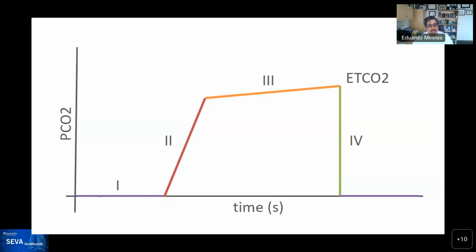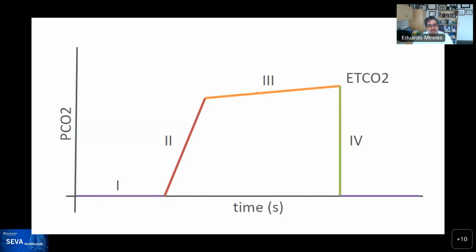While the patient is getting air into their lungs, the sensor, which is at the Y of the ventilator, sees fresh gas go in, which should have no CO2. Then when inspiration ends and the patient starts exhaling, you see phase two, a mixture of airway dead space and alveolar gases that causes this slope, which you see over here.